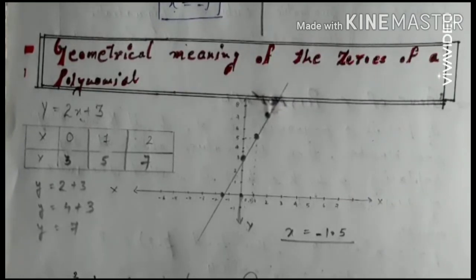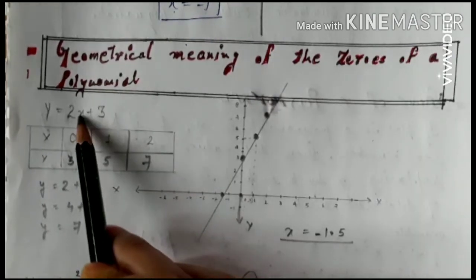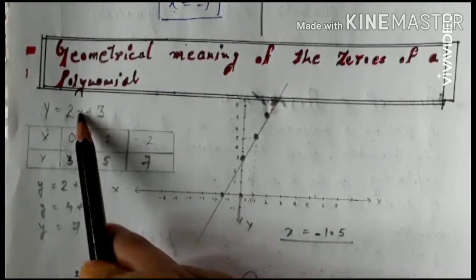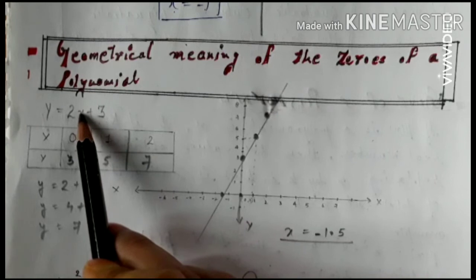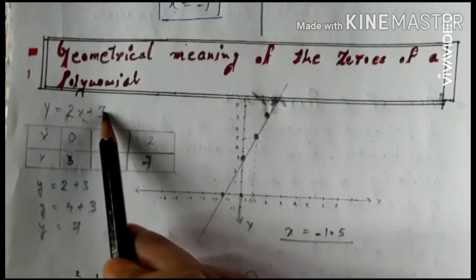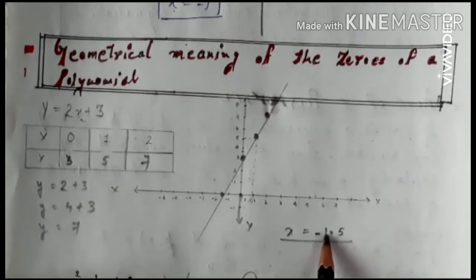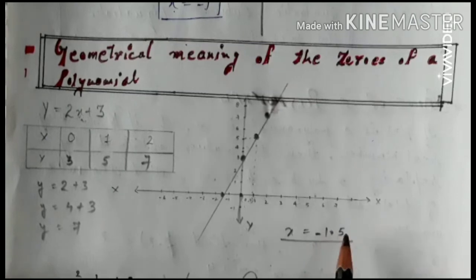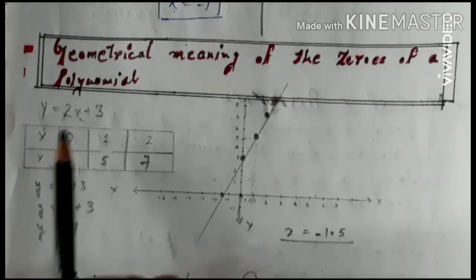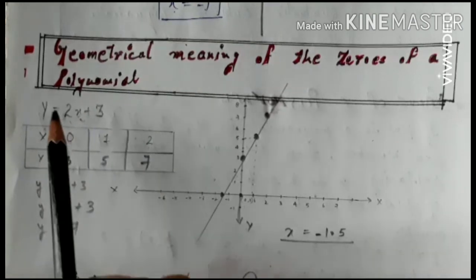Same here for y = 2x + 3. If you put -1.5, 2 into -1.5 is -3, and minus 3 plus 3 is 0. So -1.5 is the zero of this polynomial.